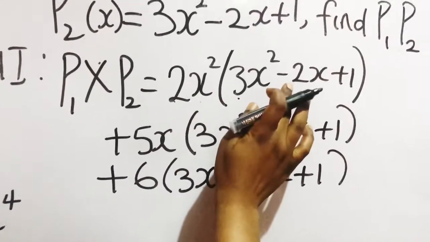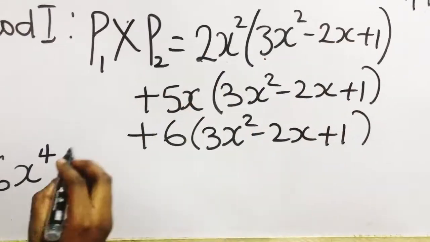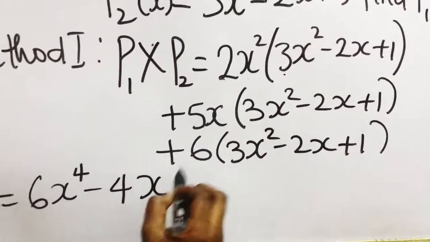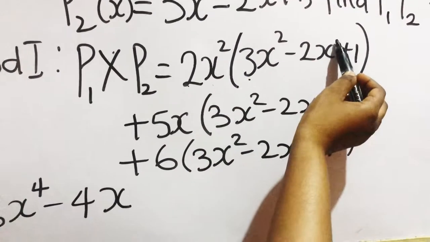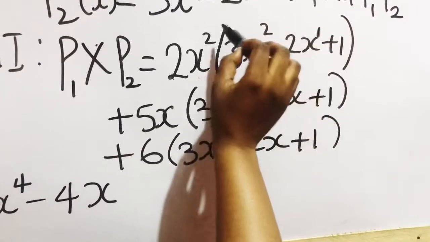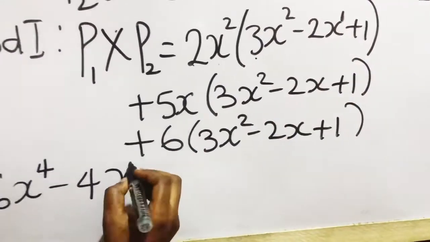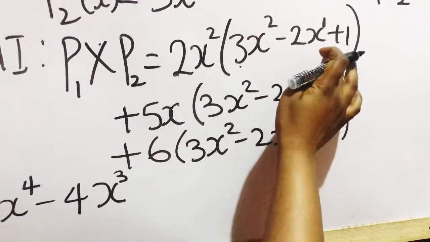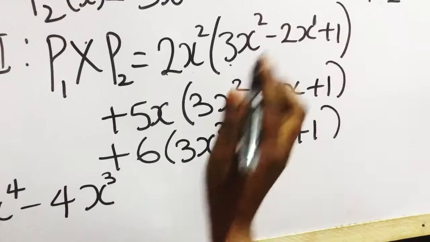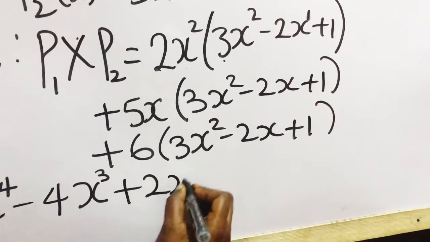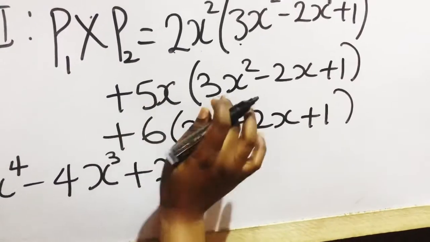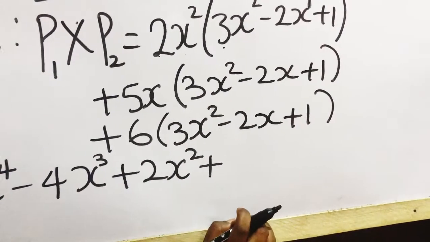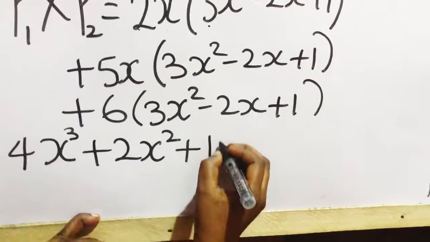2x squared multiplied by minus 2x will be minus 4. Then the power of x in the first one is 2 and the power of x in the second one is 1, so you add 2 plus 1, which gives 3. Then 2x squared multiplied by 1 will give us plus 2x squared. Then next, plus 5x multiplied by 3x squared will give us plus 15.